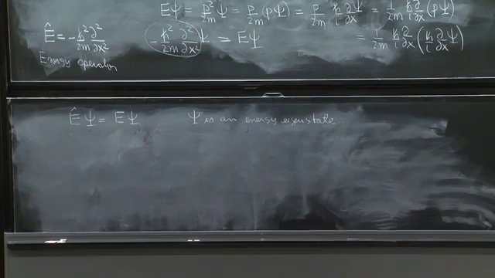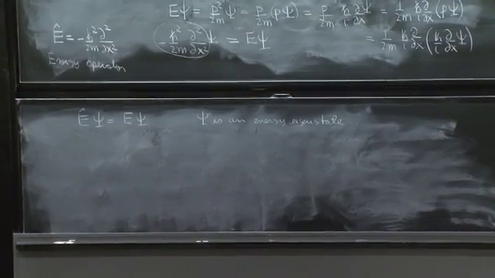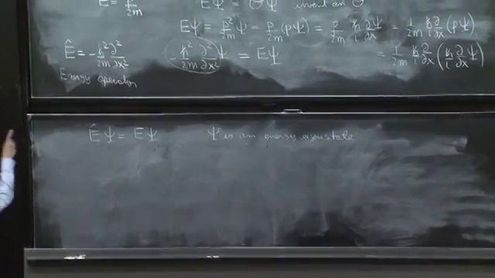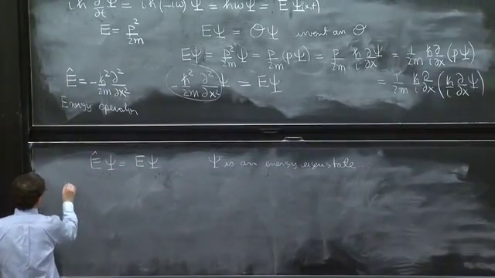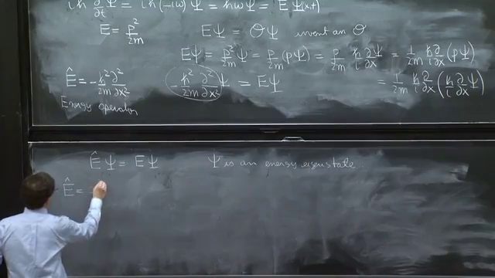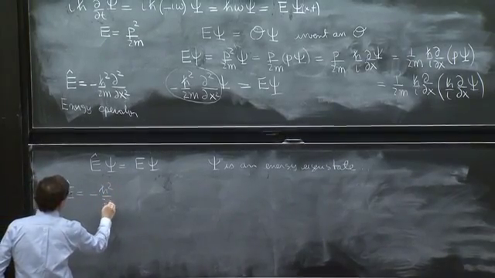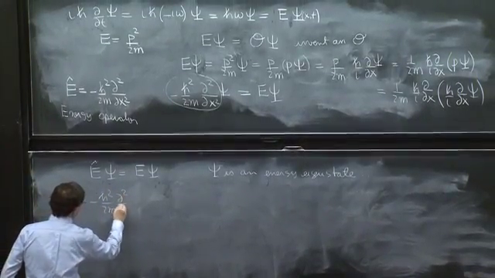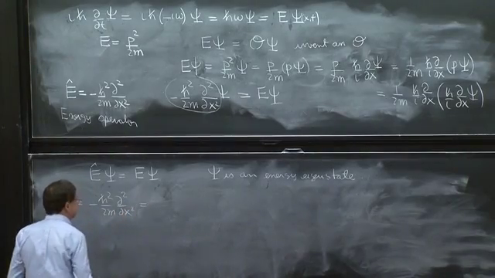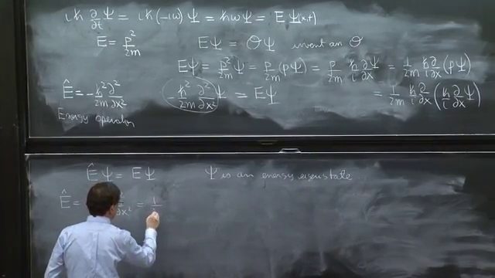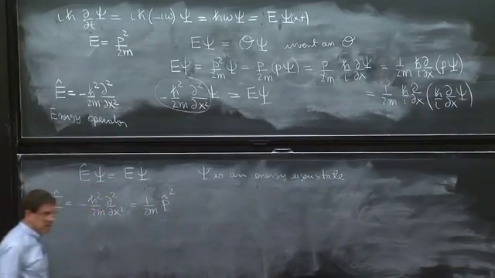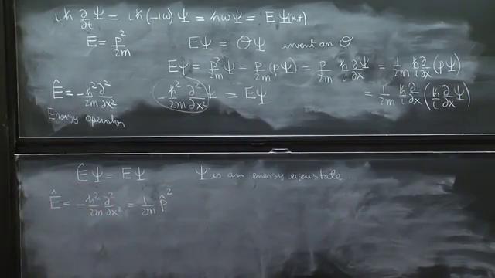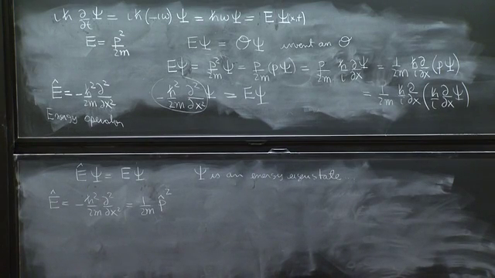I can make it clear for you that this energy operator, the only thing that it is, is minus h bar squared over 2m d second dx squared. But where it came from, it's clear that it's nothing else but 1 over 2m p hat squared. Because p hat is indeed h bar over i d/dx.